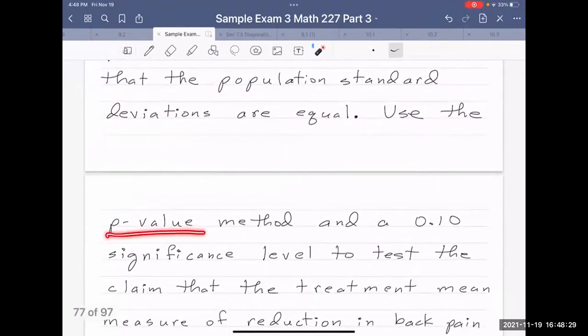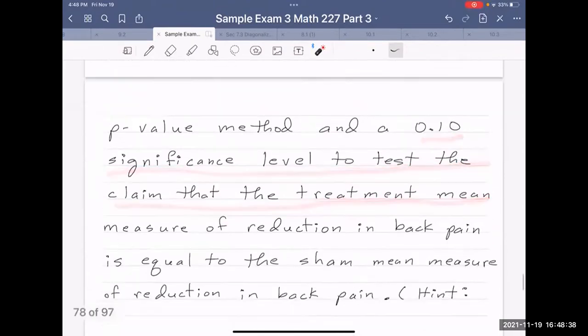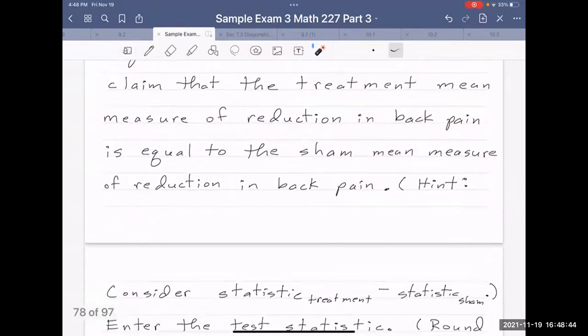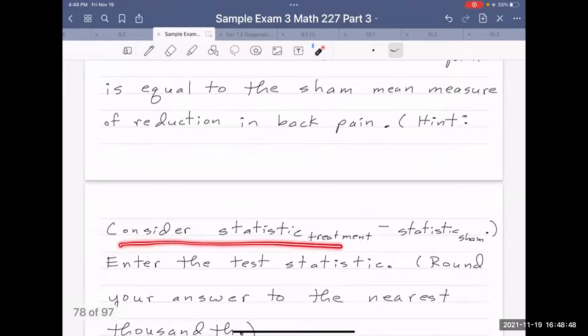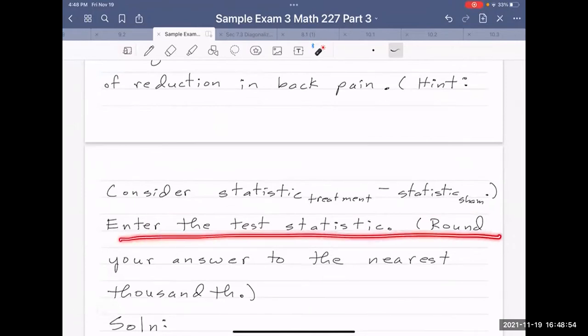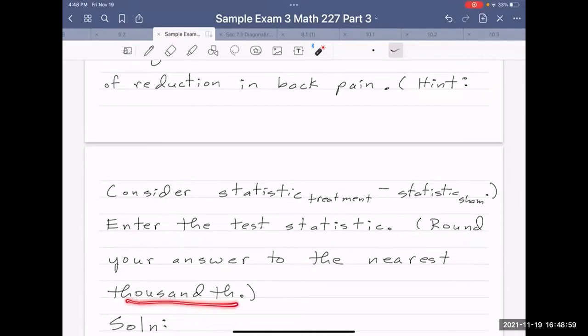Use the p-value method and a 0.10 significance level to test the claim that the treatment mean measure of reduction in back pain is equal to the sham mean measure of reduction in back pain. Hint, consider the statistic treatment minus statistic sham. Enter the test statistic, round your answer to the nearest thousandth.